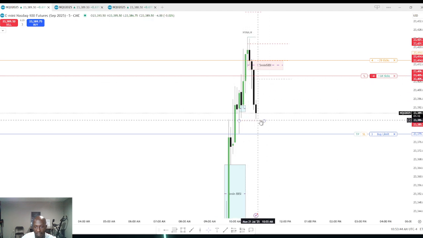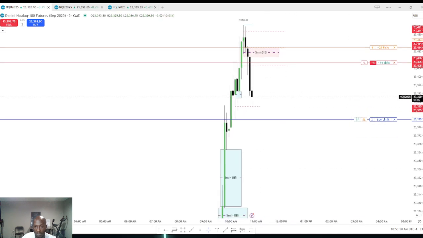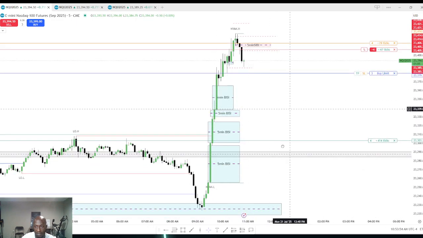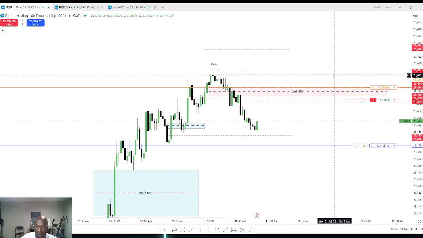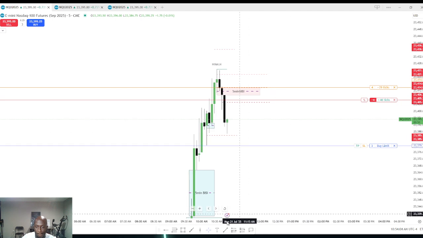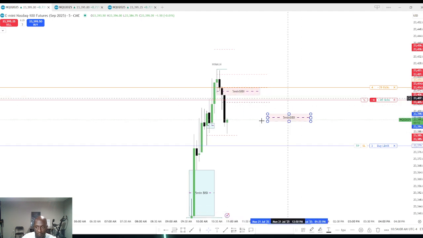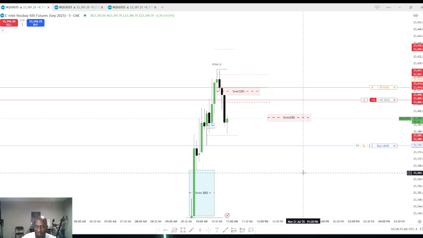So ideally, again, I want to see it get below here, and maybe it retraces and then goes lower, because these are all our inefficiencies. Unless it wants to go higher, which I don't want to see. I don't want to see it go higher at all.